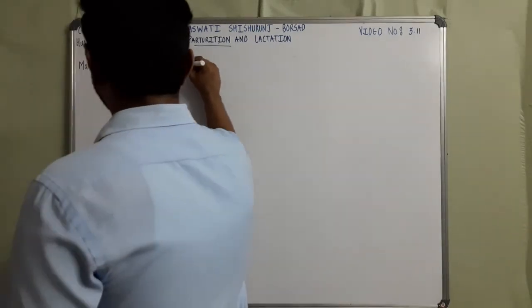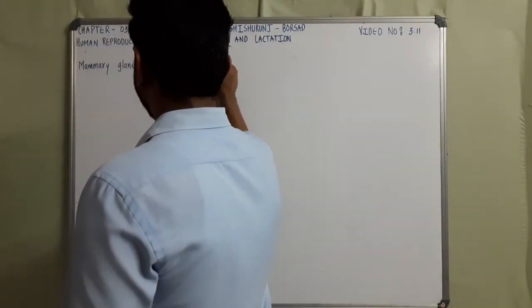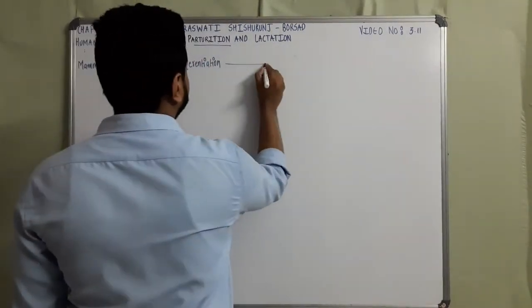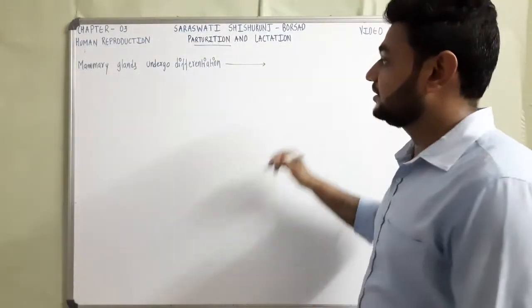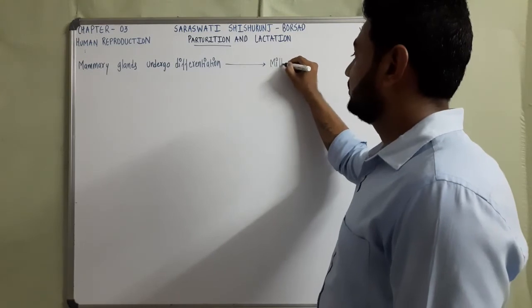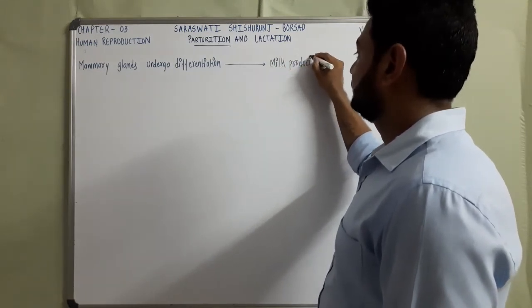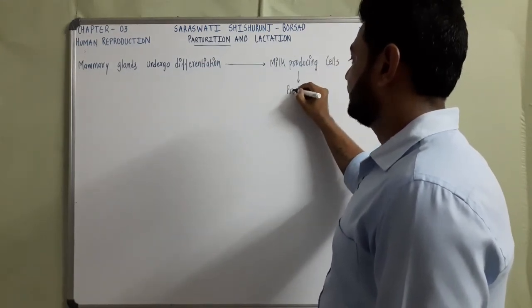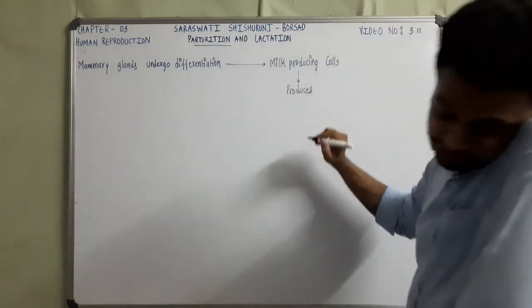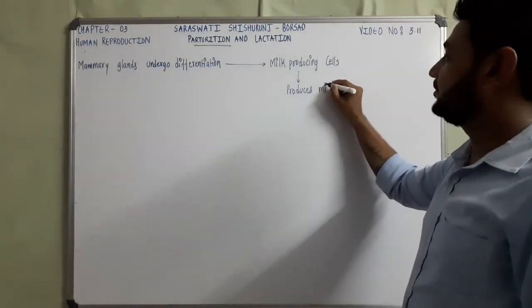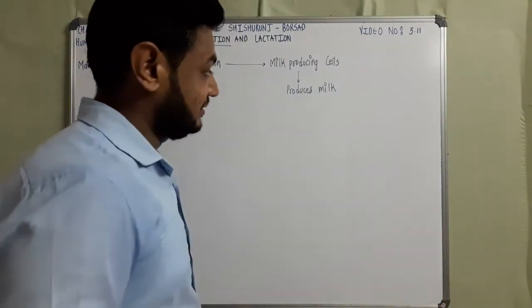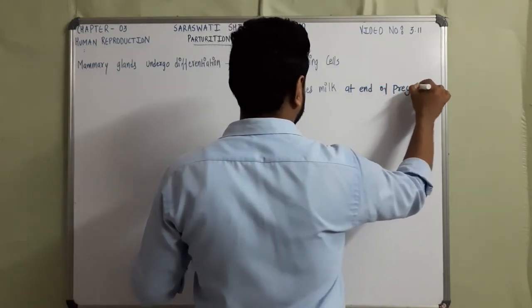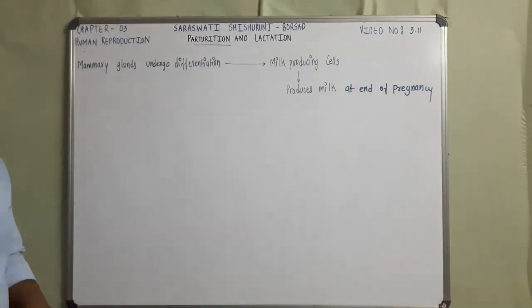When the mammary gland undergoes differentiation, the milk producing cells start to secrete milk at the end of pregnancy.